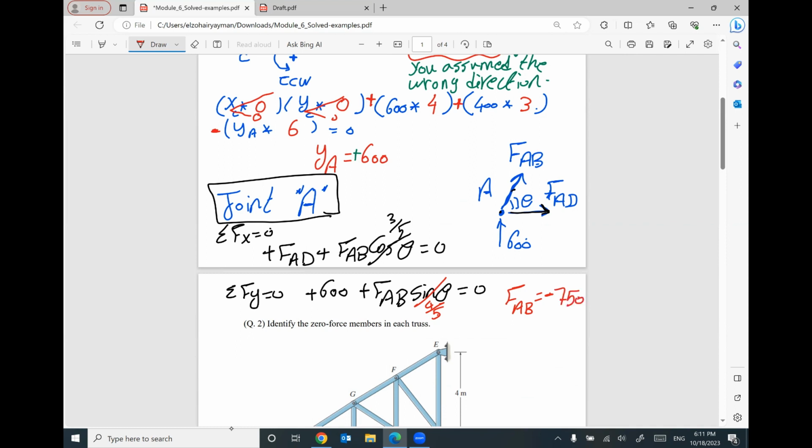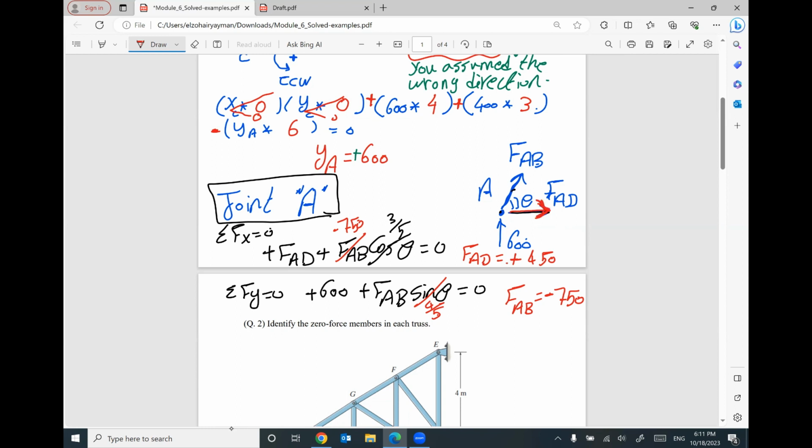If you go back and put FAB as negative 750, the value of FAD will be positive 450. We have one comment here. FAD is a positive value, which means I assumed the direction for FAD correctly.